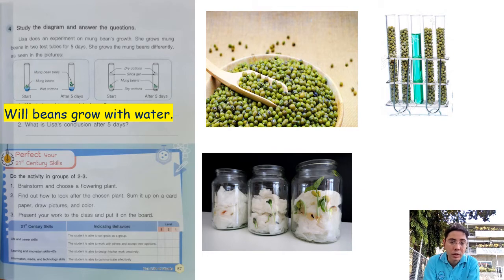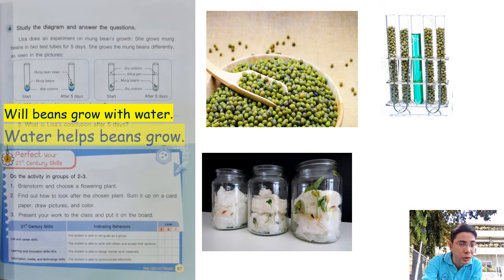It will grow inside the jar if there is little water or wet cotton or wet tissue. So the answer for number 2 is yes, water is very important. It will help the mung bean to multiply and grow.